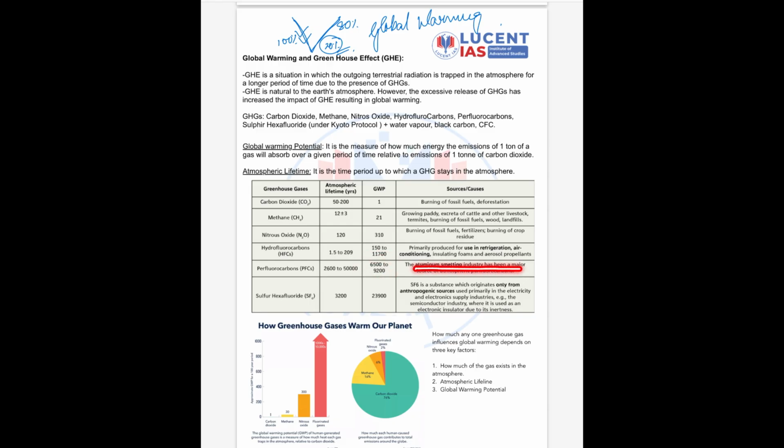Mainly the aluminium smelting industry has been a major source of atmospheric perfluorocarbons. Then sulfur hexafluoride, atmospheric lifetime of 3,200 and global warming potential of 20,900. SF6 is a substance which originates only from anthropogenic sources, primarily from semiconductor industries where it is used as an electronic insulator due to its inertness.